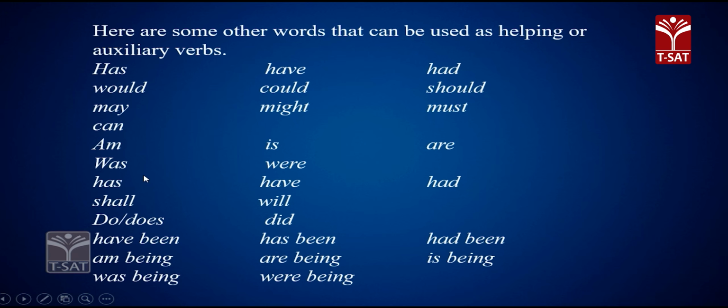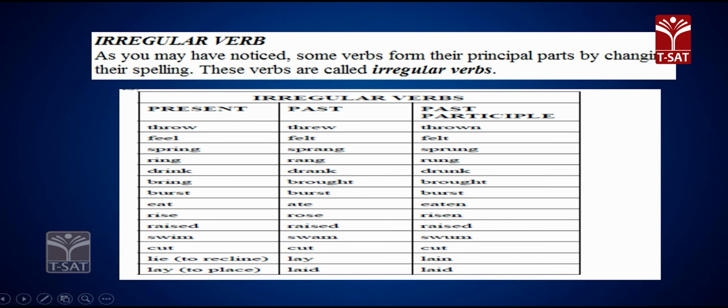Never say was as VASE. No, this is was. Were, has, have, had, shall, will, do, does, did, done is also there. Have been, has been, had been, am being, is being, was being, and were being.